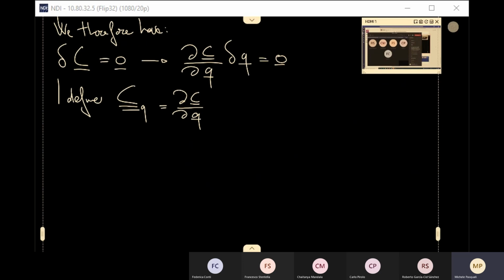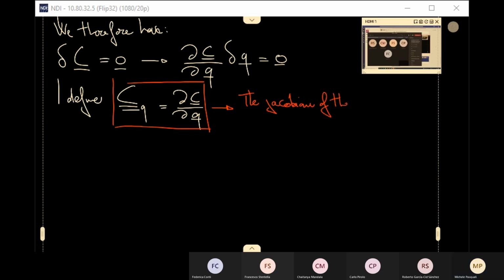And this is the system Jacobian. This is called the Jacobian of the system.